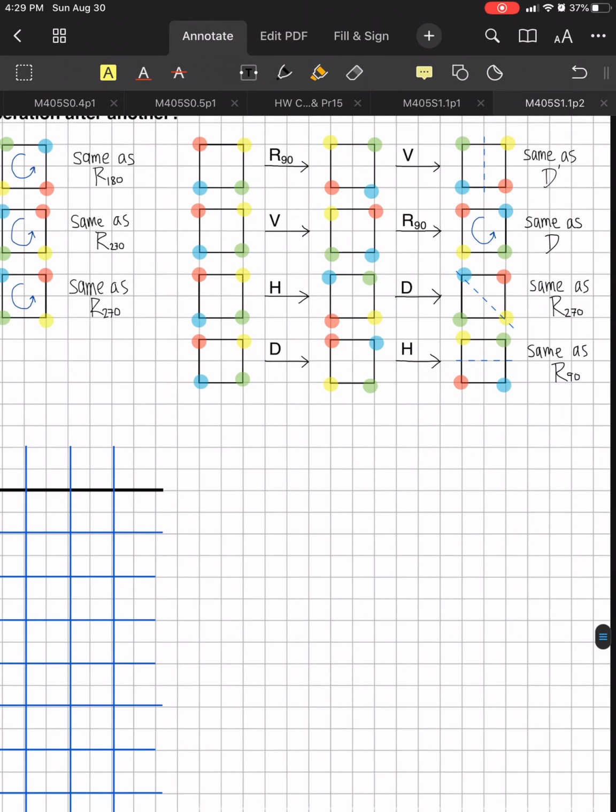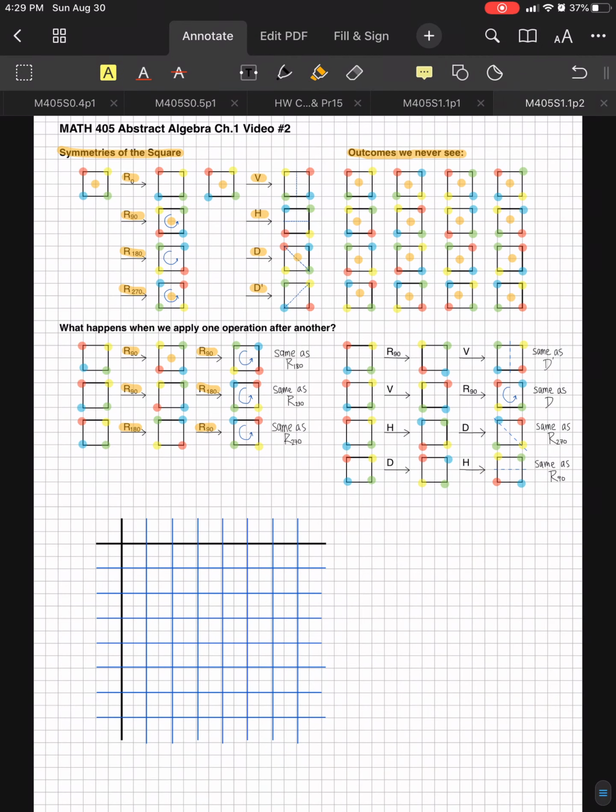Okay. Now, so we see we get some interesting results here. Not so much with just rotations followed by other rotations. Those are exactly what we would expect them to be.